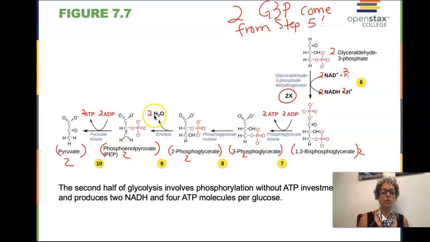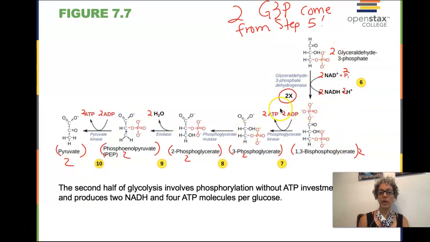We remove water, and we end up with a chemical called phosphoenol pyruvate. And our final step is to take the phosphate off of this molecule, put it onto ADP, and make ATP, and we end up with 2 molecules of pyruvate. We put in one 6-carbon molecule called glucose, we end up with 2 3-carbon molecules called pyruvate.